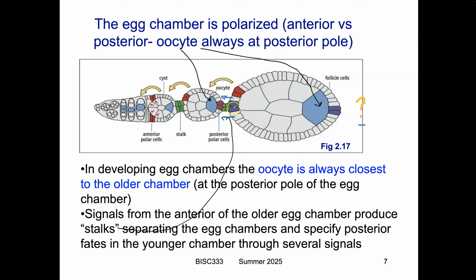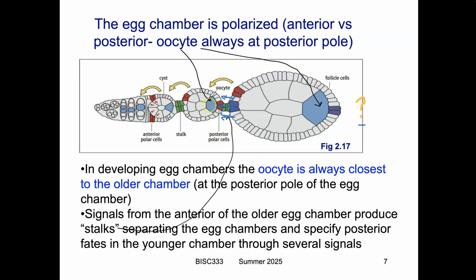And so the signals lead to the formation of these stalk cells, which are a very thin set of follicle cells that make a separation between the two egg chambers. There are signals from these cells to specify these, and signals in this direction, and there's some interaction between the oocyte itself and the polar cells here.